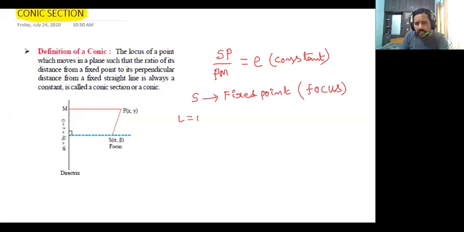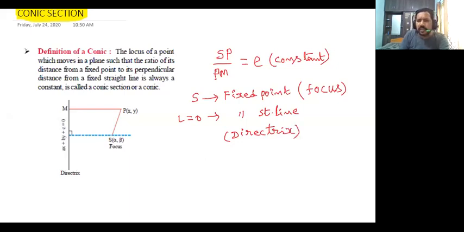L is equal to 0. This is the fixed straight line, and the fixed straight line is called the directrix. Okay.